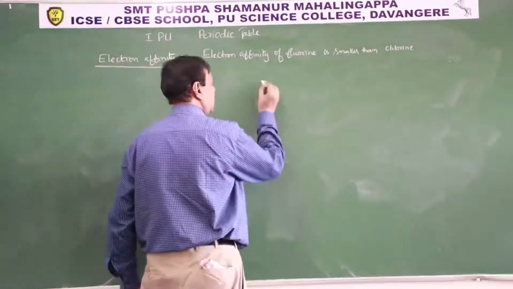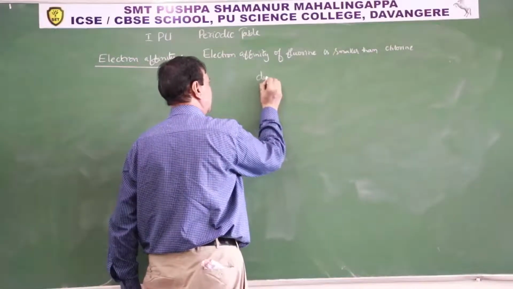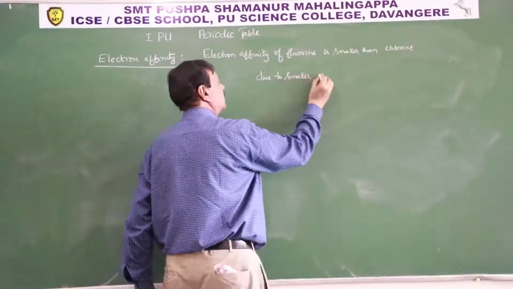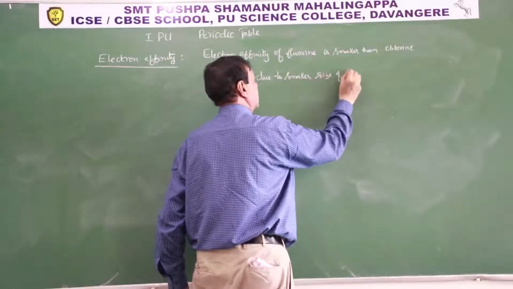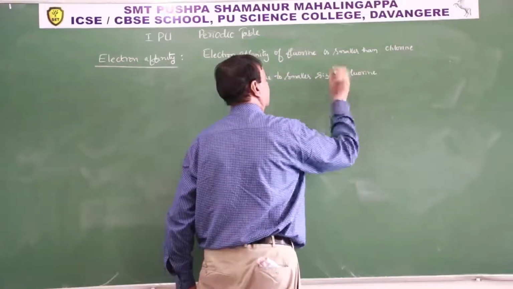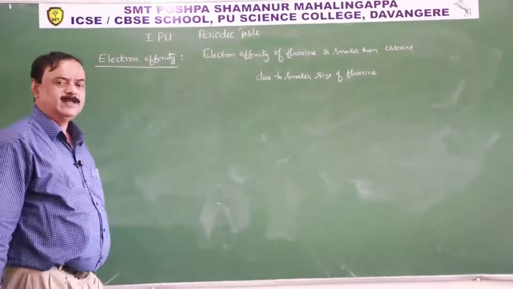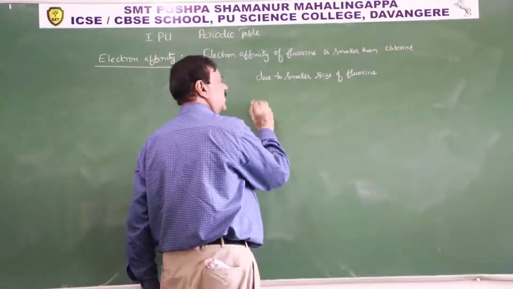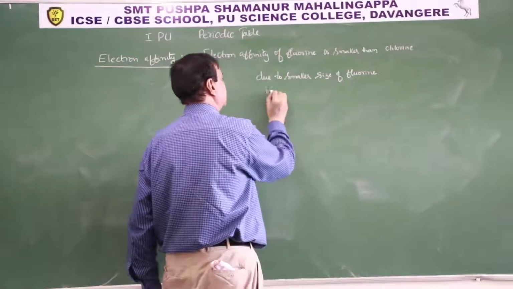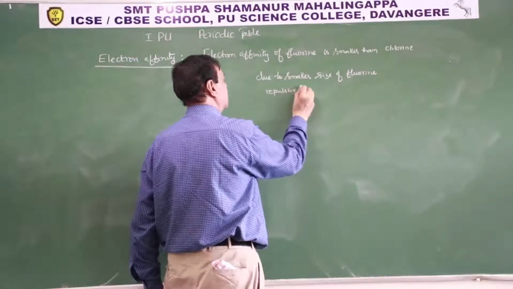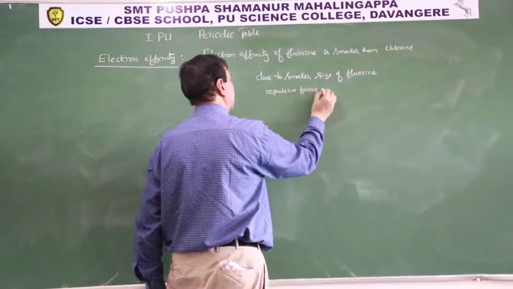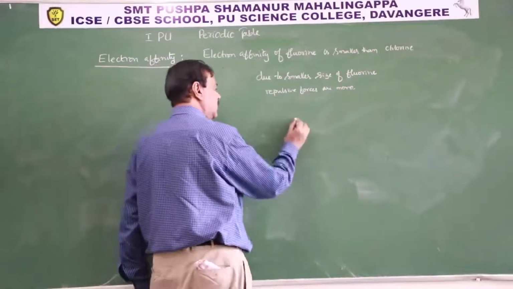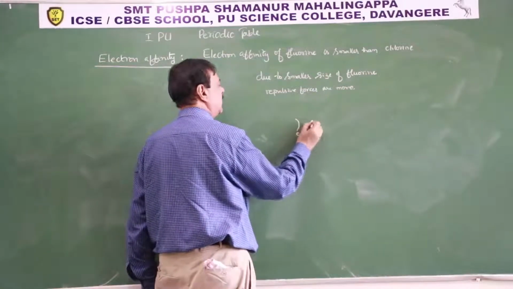Reason: due to the smaller size of fluorine, there are repulsive forces between the added electron and the electrons already in the fluorine atom.